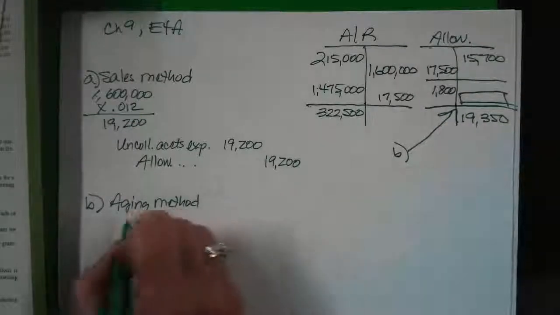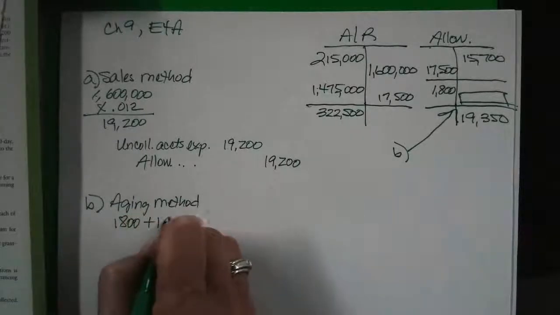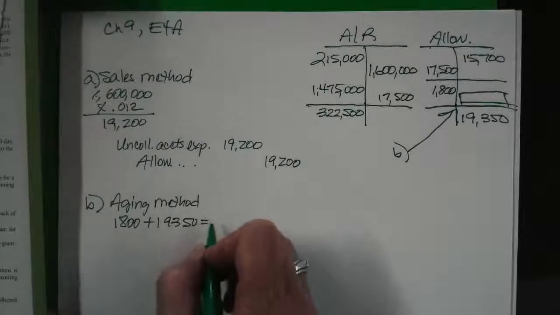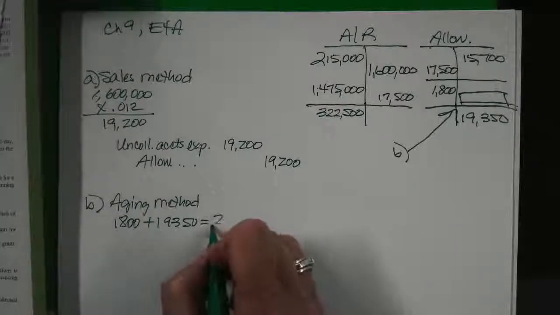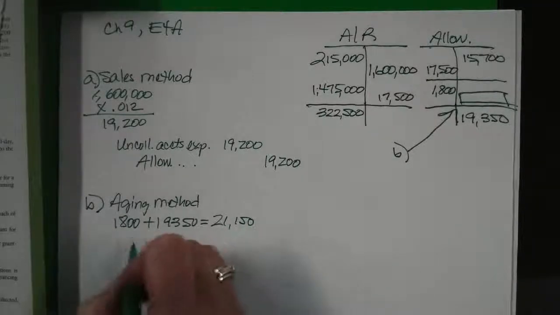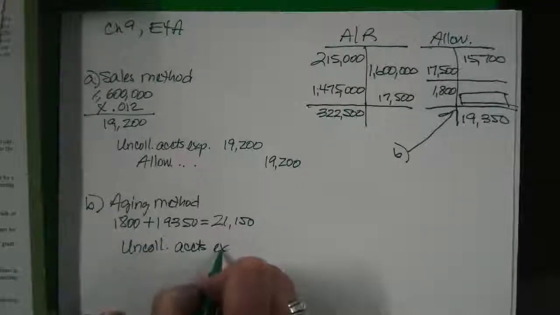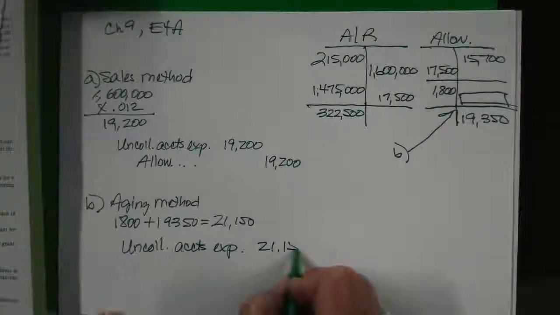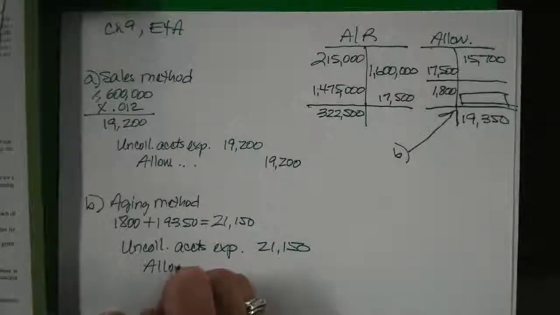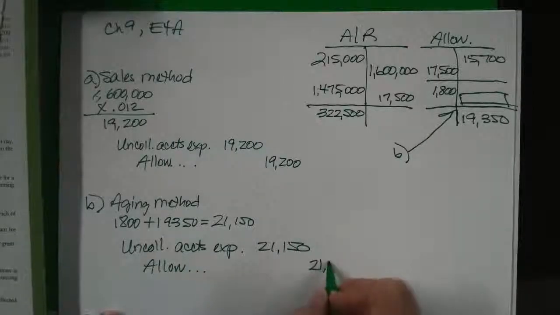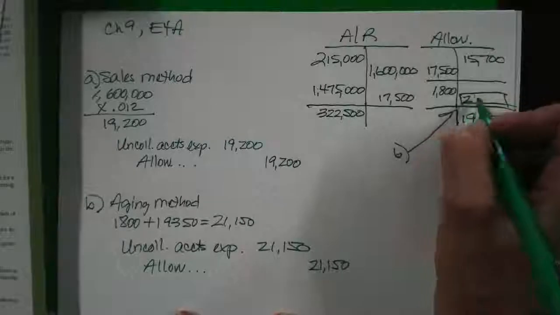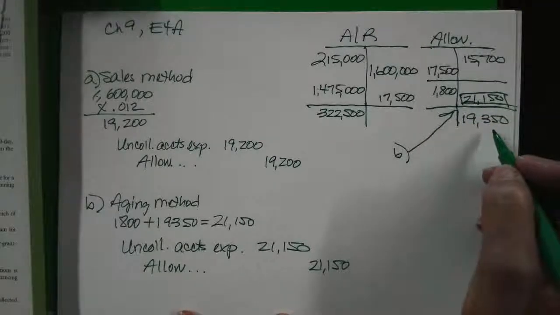So 1,800 plus 19,350 equals $21,150. So my entry is debit uncollectible accounts expense $21,150, credit the allowance for $21,150, and see, $21,150 would get me to 19,350.